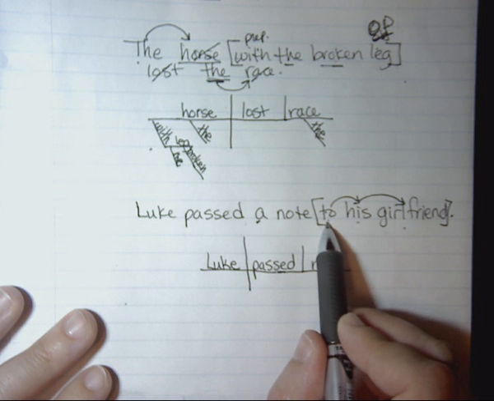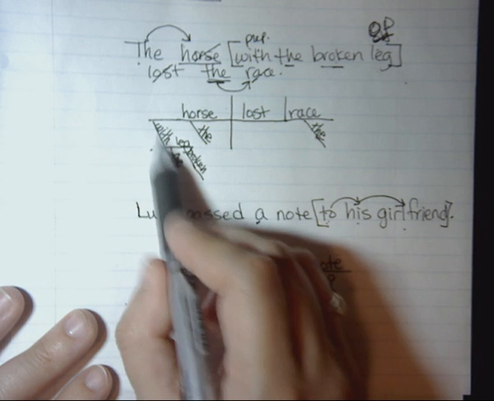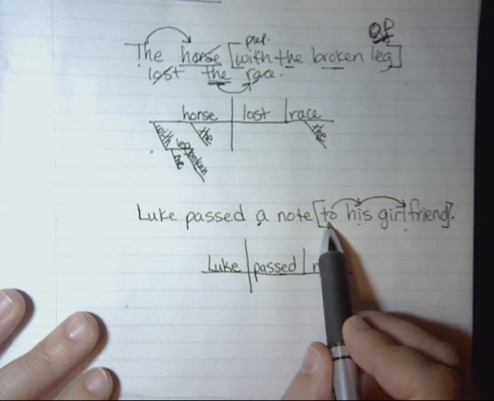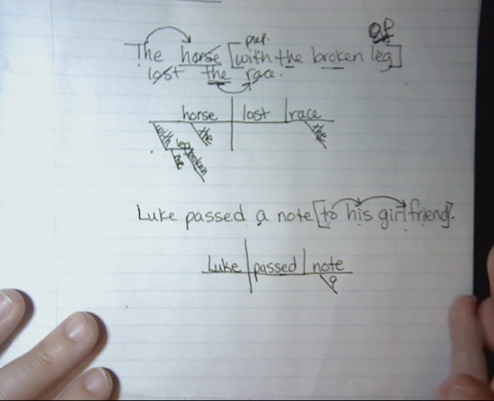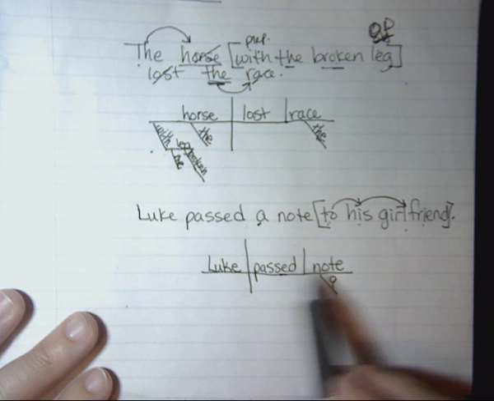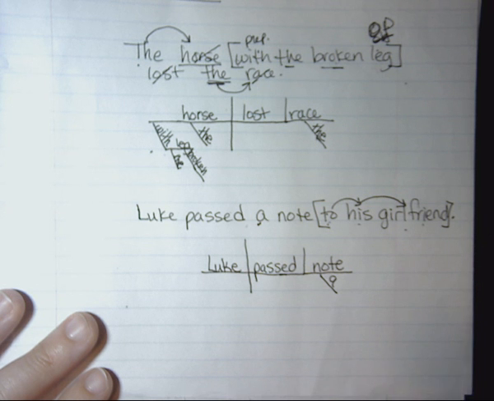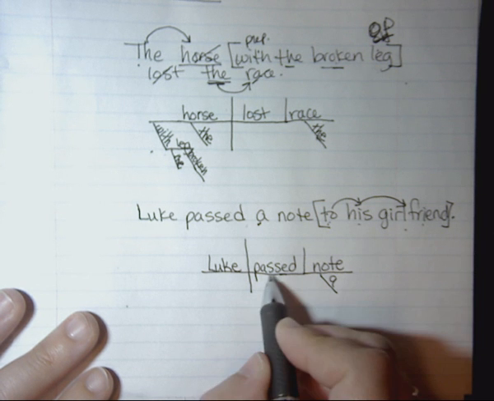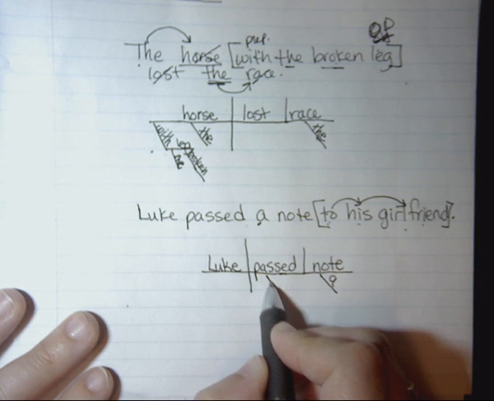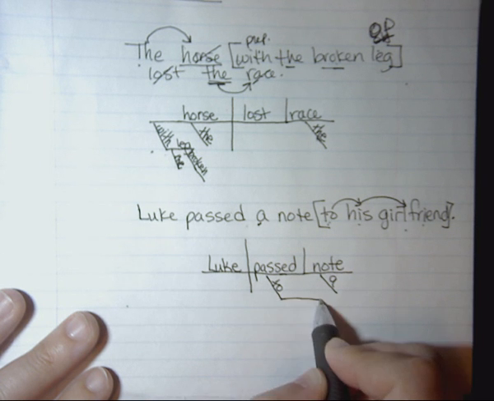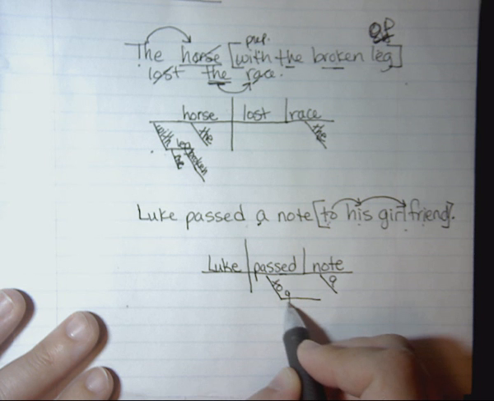So, we know this is going to get diagrammed in an L shape. Everything we're doing today has L shapes. Where is to his girlfriend going to go? What does it most describe or modify? Right, where the note was passed. So, underneath the verb, just like we did before, there's our preposition and its object.